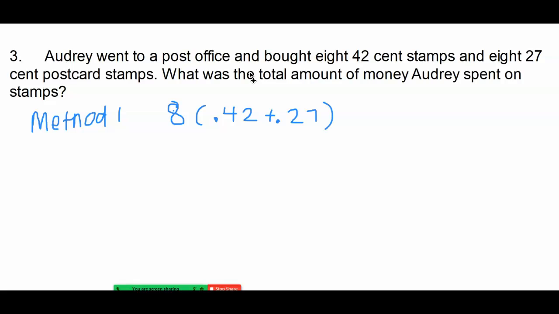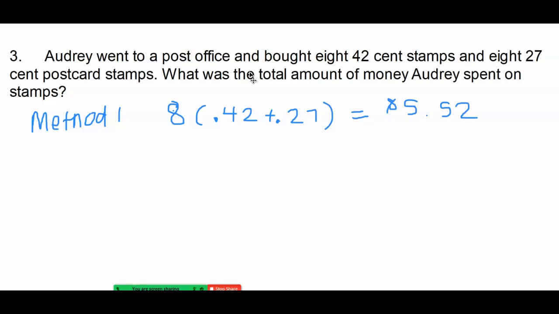So you would take 0.42 plus 0.27, and then multiply that times 8 and get that the total cost is $5.52.